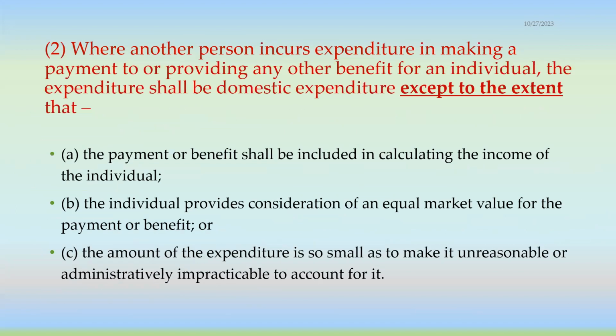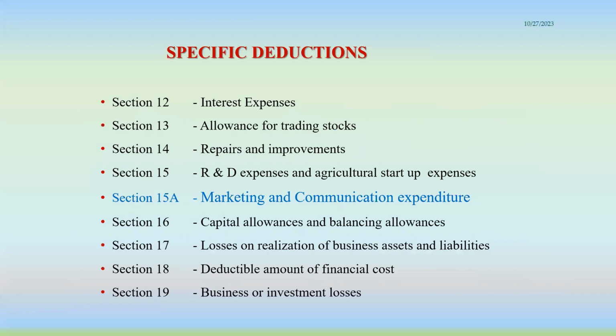Now we have specific deduction rules. Under these specific deduction rules, we discuss specific expenses. Here, interest. Here, allowance for trading stocks. Then, repair and improvement expenses. Then, research and development expenses and agricultural startup expenses.